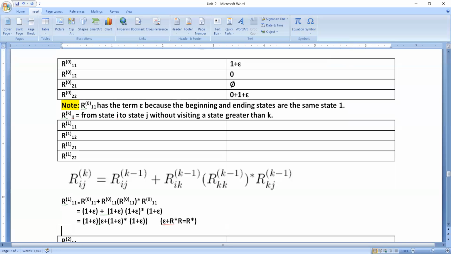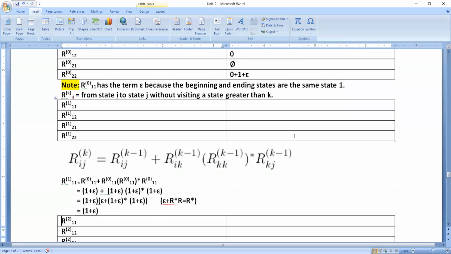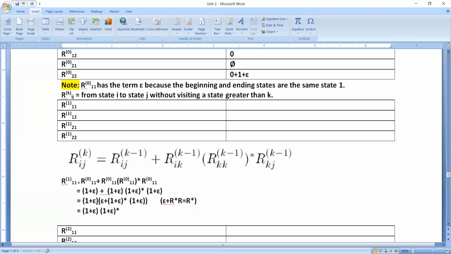The thing which we are going to get will be 1 plus epsilon into 1 plus epsilon whole star, and finally it will result in, I hope you remember the formula, I don't know whether you are able to remember it or not.